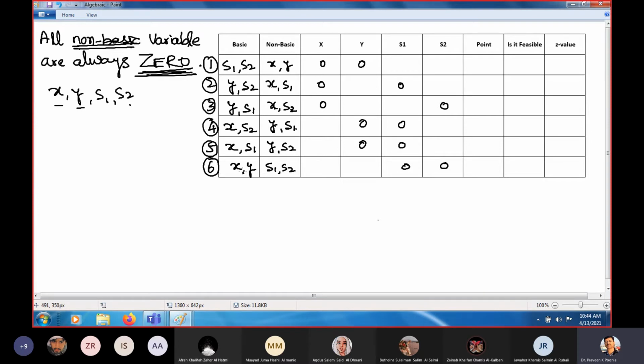Now I am making tables sequentially. First I write the non-basic variables, then I put their values equal to 0, because non-basic variables are always 0. Then I write the basic variables. Non-basic are 0, basic are not 0. Remember this.